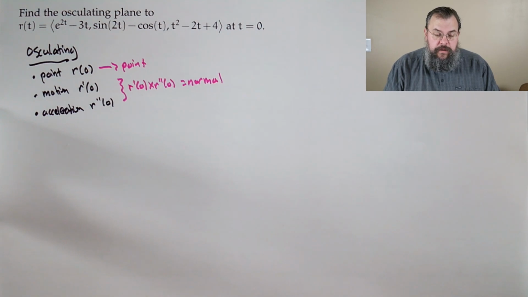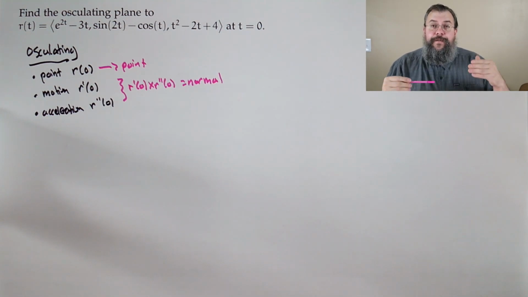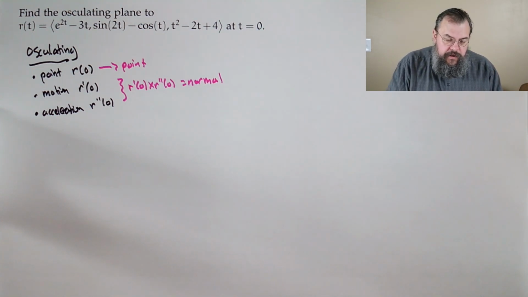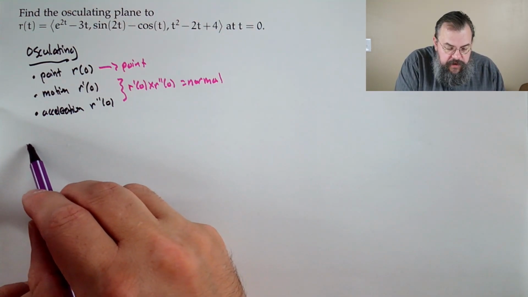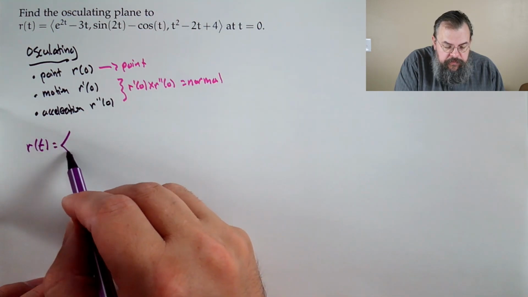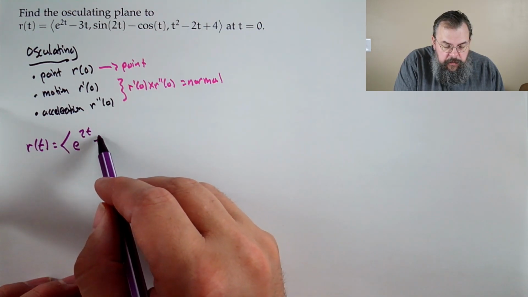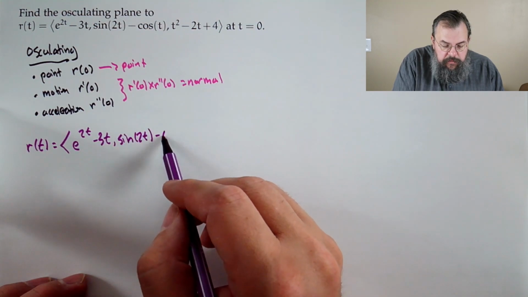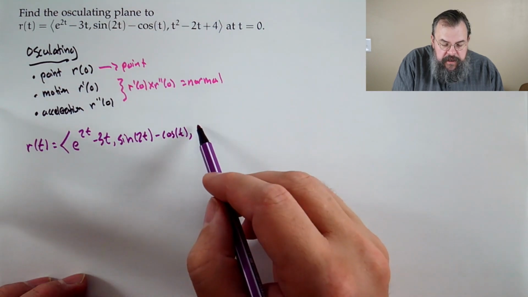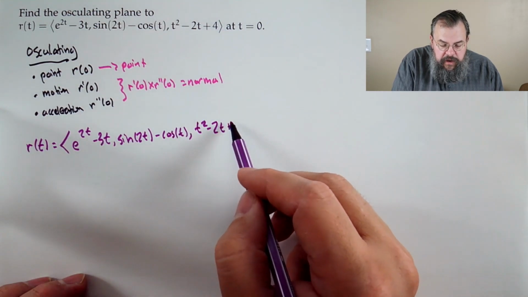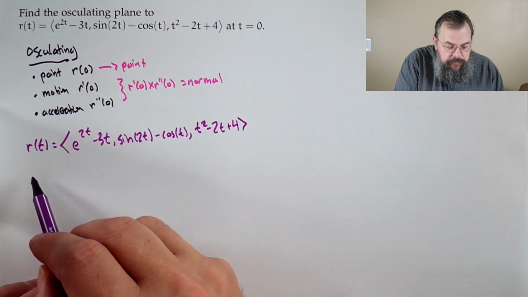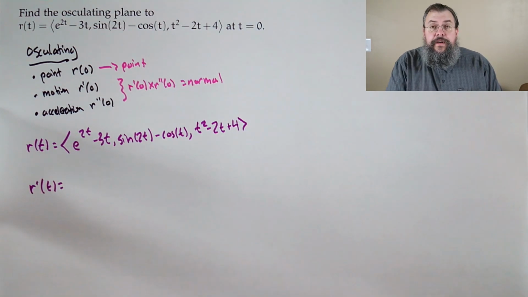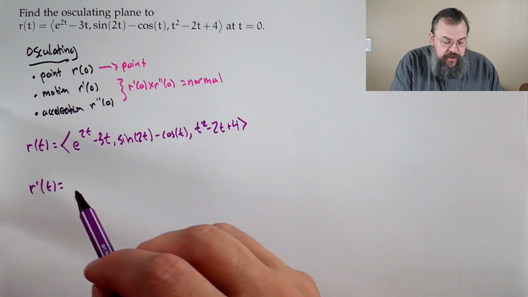So let's start by taking our derivatives. We need the first derivative and our second derivative. So what do we have? Well, we'll write all of our functions down. r of t is e to the 2t minus 3t, comma, sine of 2t minus cosine t, comma, t squared minus 2t plus 4. That's just a function. r prime of t, well, we take the derivative entry by entry, term by term.